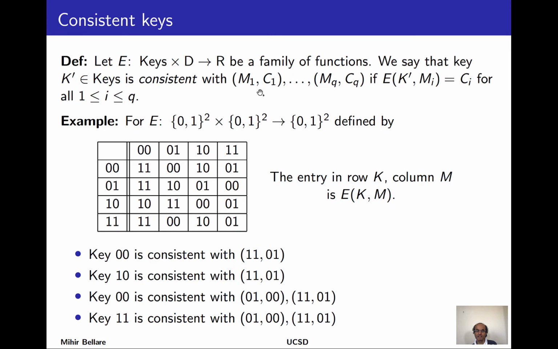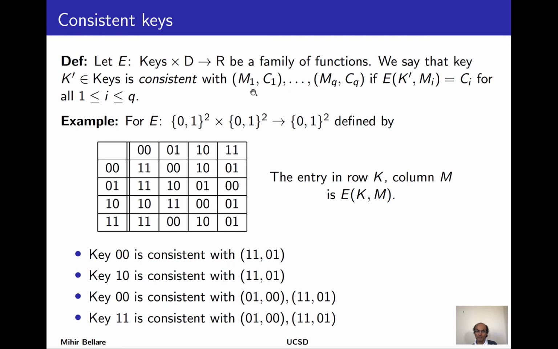These are just strings, where the first element is always from D, the second is always from R. We want to define what it means for a key K prime to be consistent with them. That is true if, when you evaluate this family of functions on the key K prime with input M1, the output is C1. Furthermore, if you evaluate it on input M2, you will get output C2, and so on.